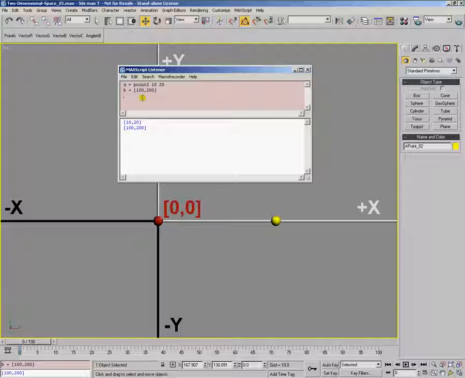Such values are very often used to represent image coordinates, screen coordinates. The function mouse pos returns, for example, the position of the mouse relative to the upper left corner of the viewport. The function mouse screen pos returns the position of the mouse pointer relative to the window origin, and so on.